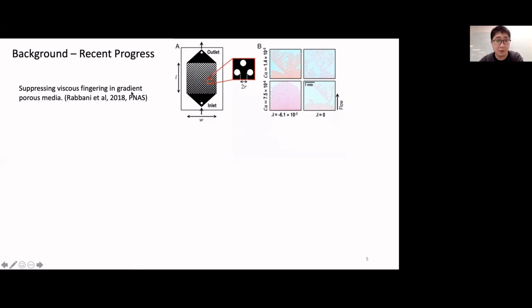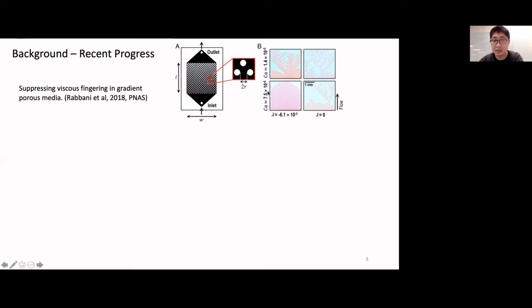And also people use this idea of calculating the viscous force and capillary force to suppress viscous fingering in gradient porous media, where in the geometry you have a gradient in grain size distribution. From the bottom you have very small grains, on the top you have large grains. In this case, the capillary forces suppress the viscous unstable advancement.